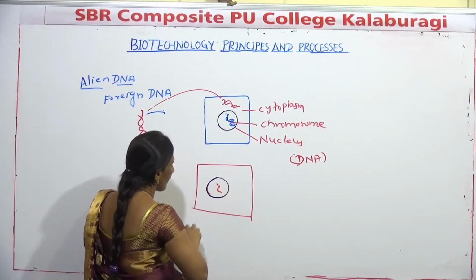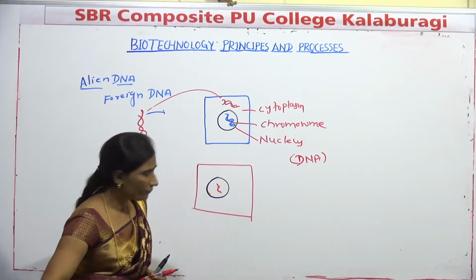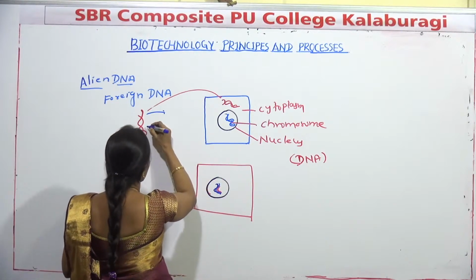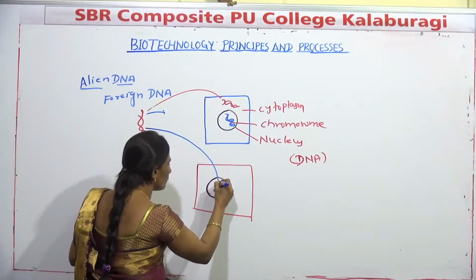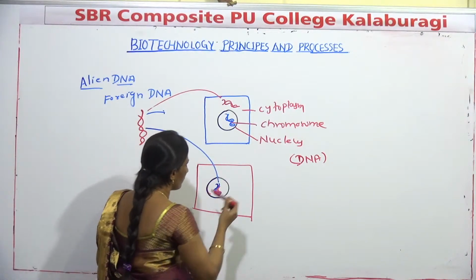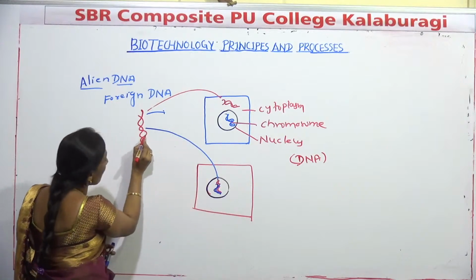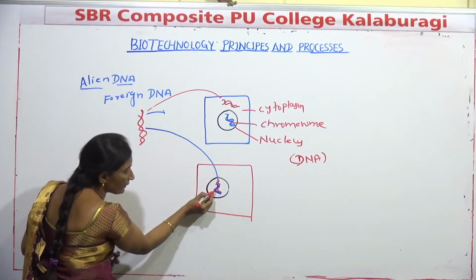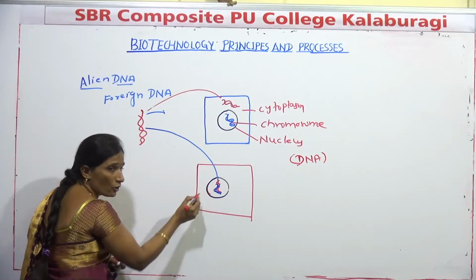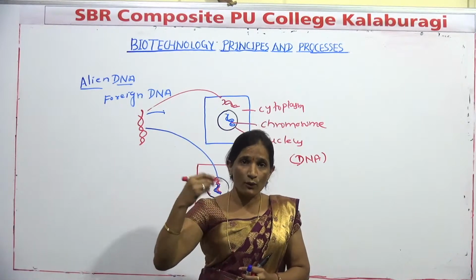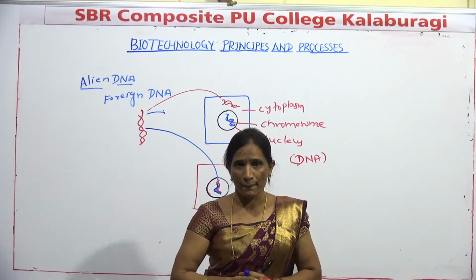When this foreign DNA is integrated into the genome of the chromosome, it is going to replicate and multiply.